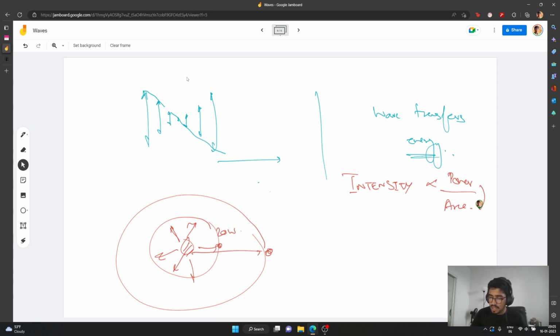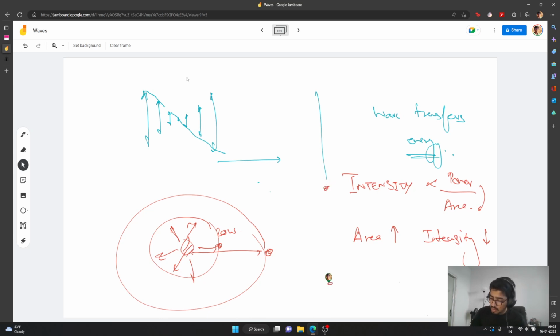So this power by area, this area is larger, so intensity decreases. So if area increases, then intensity decreases. The farther you are away from a source, the less energy you will feel. So this is concept number one.